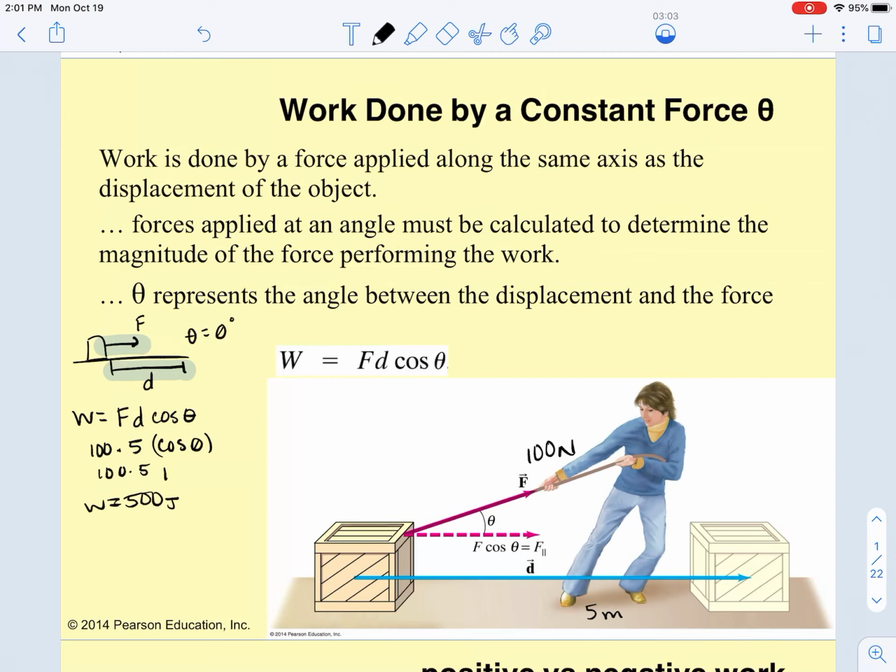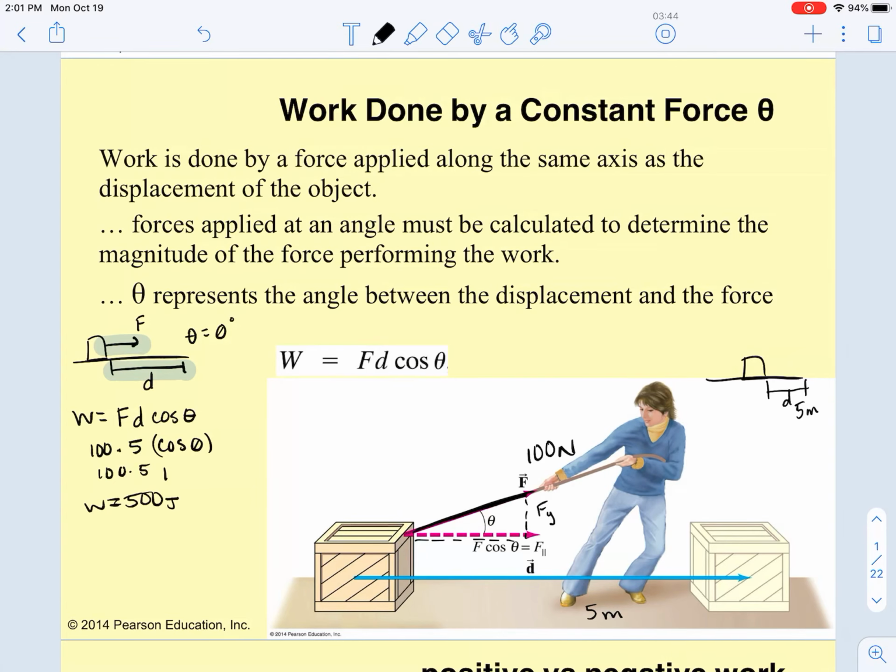Now, the woman is still exerting 100 newtons of force onto the crate, but not all of that force is actually being used to perform work. Remember, if we were to focus on the vertical motion or the vertical component of her force here, the displacement of the crate is 5 meters, but 100 newtons is along this diagonal, and all diagonals can be broken up into horizontal and vertical components.